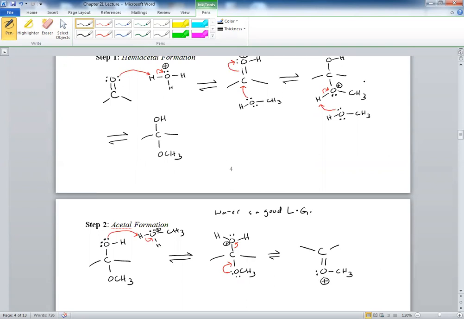Now, another methanol, let's just redraw that really quick, is attracted to the activated carbonyl carbon.